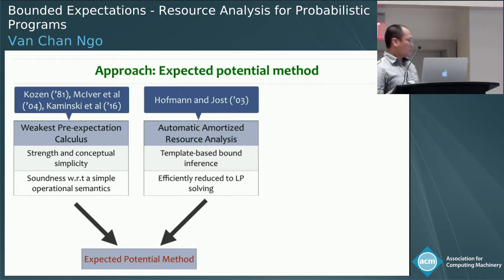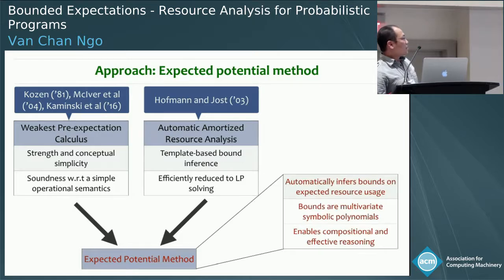On one hand, it has the strength and conceptual simplicity of the WP-style calculus, and it has soundness with respect to a simple operational semantics. On the other hand, it is based on template-based bound inference, and it can be automated efficiently by reducing to an LP solving problem, which can be solved automatically by an LP solver.